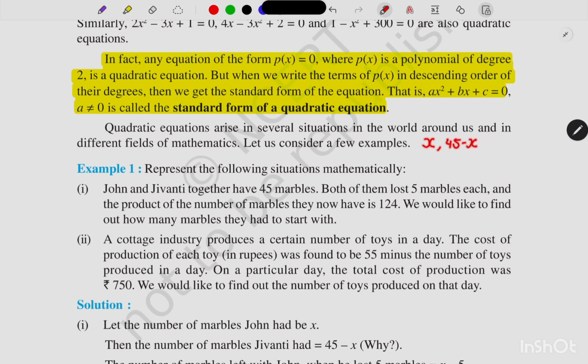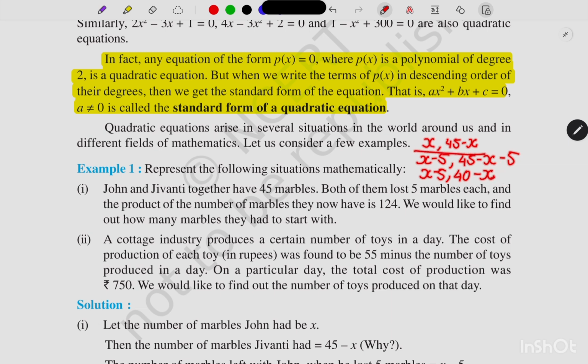Both of them lost 5 marbles. So at present they have x minus 5 and 45 minus x minus 5 marbles each. That is x minus 5 marbles and 40 minus x marbles. Understood?